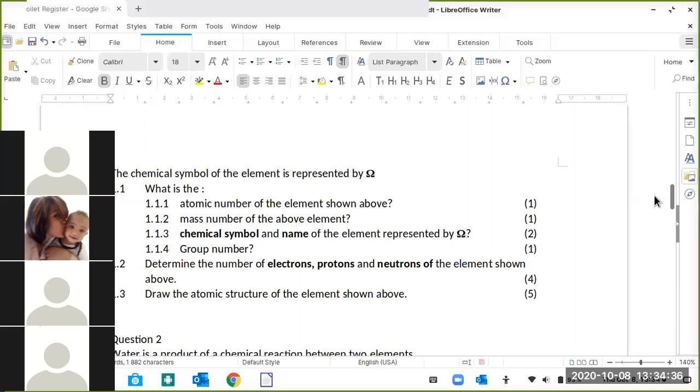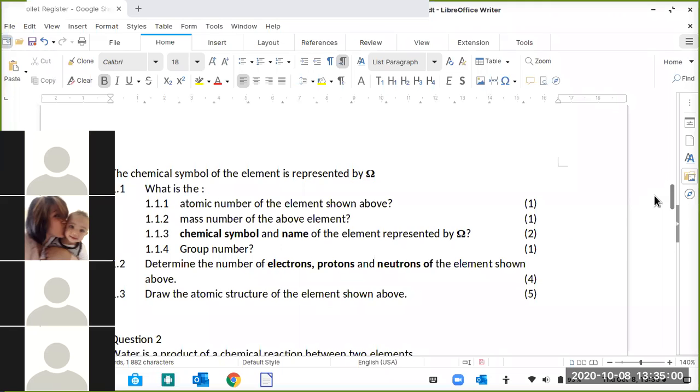We always start with a capital letter whenever we are talking about elements, especially if we are having more than one letter. But we do have some elements that have got one letter. So it's always a capital letter, right? Then what's the name? We said it's magnesium, right?